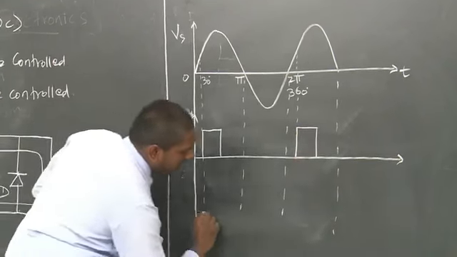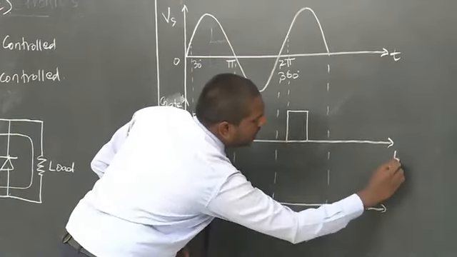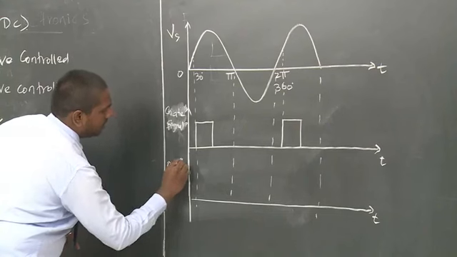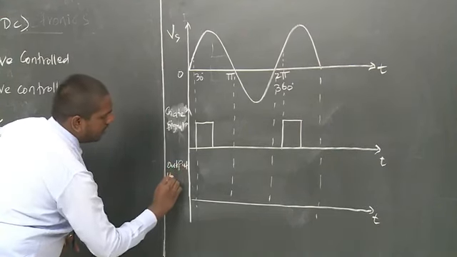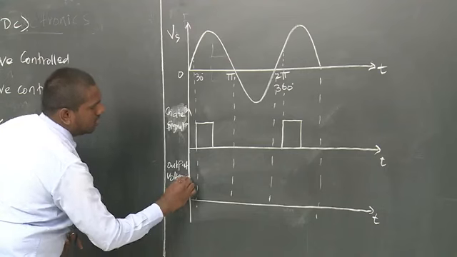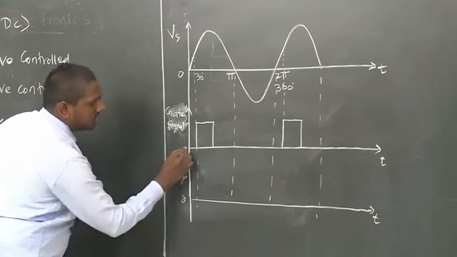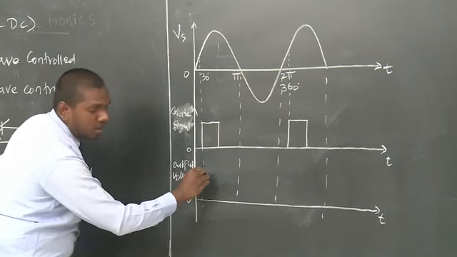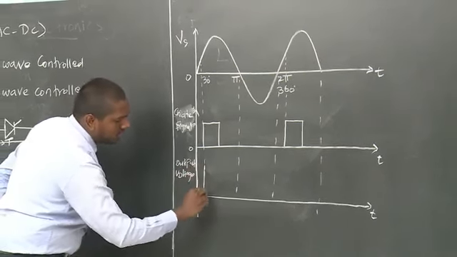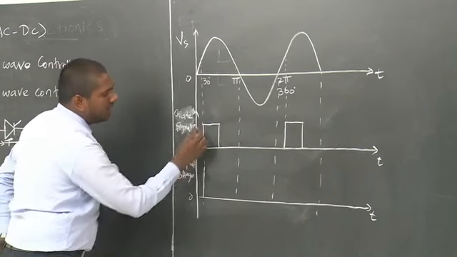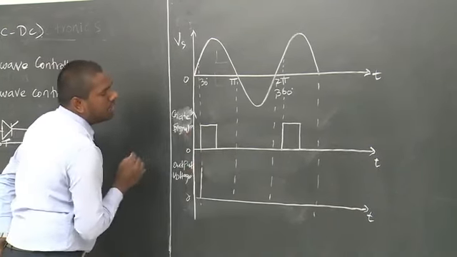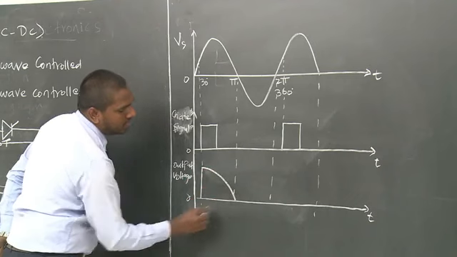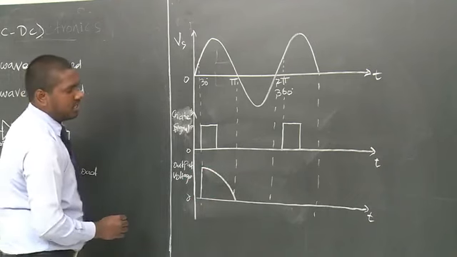Next is our output voltage. Initially the thyristor will be enabled. So the output voltage is initially at a peak position, and when the gate pulses end, it gradually reduces and again reaches the zero position.